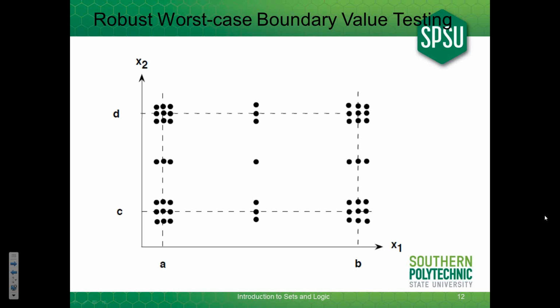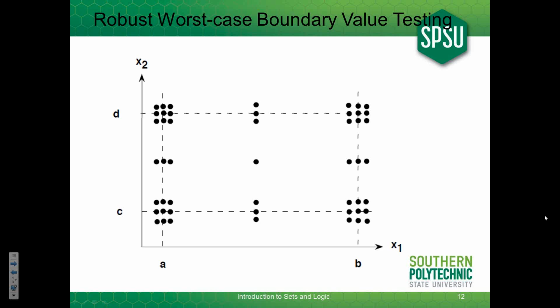Let's go back to that example that you mentioned. Let's see if you have y is equal to x1 plus x2. First of all, what type of boundary value testing should I perform? Let's say again x1 and x2 have the same range from 10 to 100 each of them.